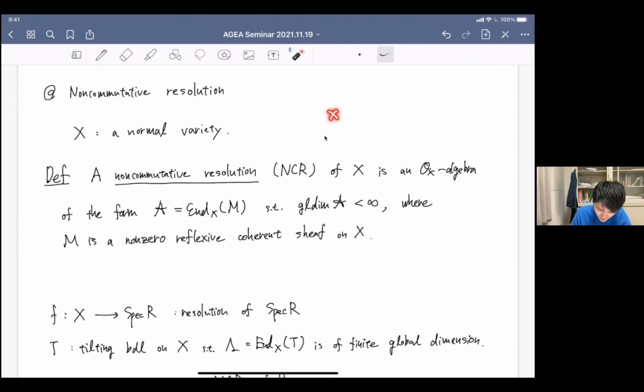If X is smooth, then O_X is nothing but the sheaf of endomorphism algebras of X, so in this case it is commutative. So this definition is essential if X is singular.